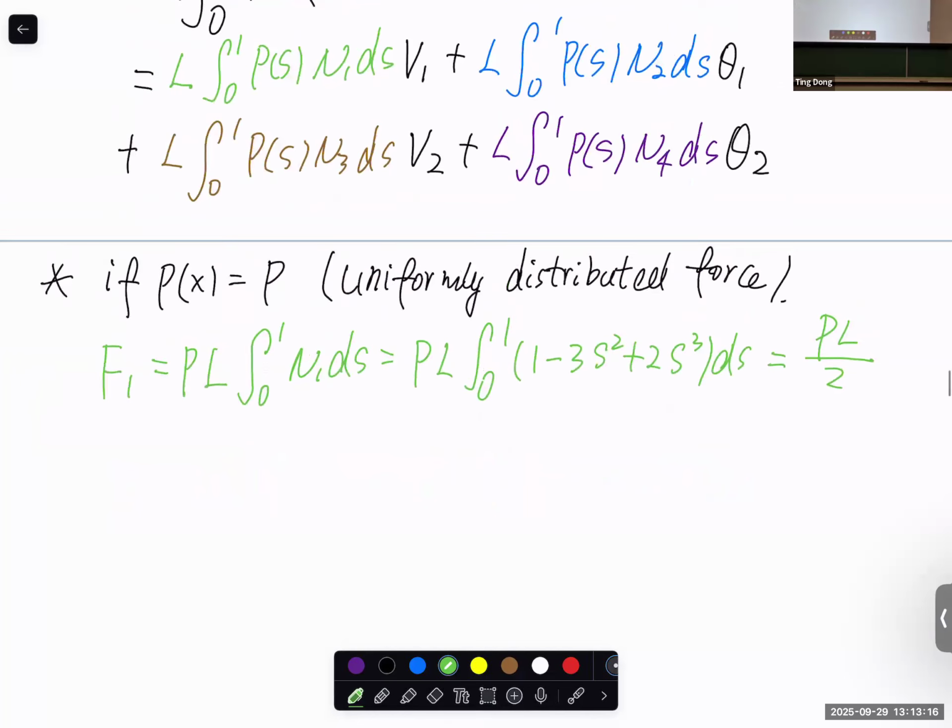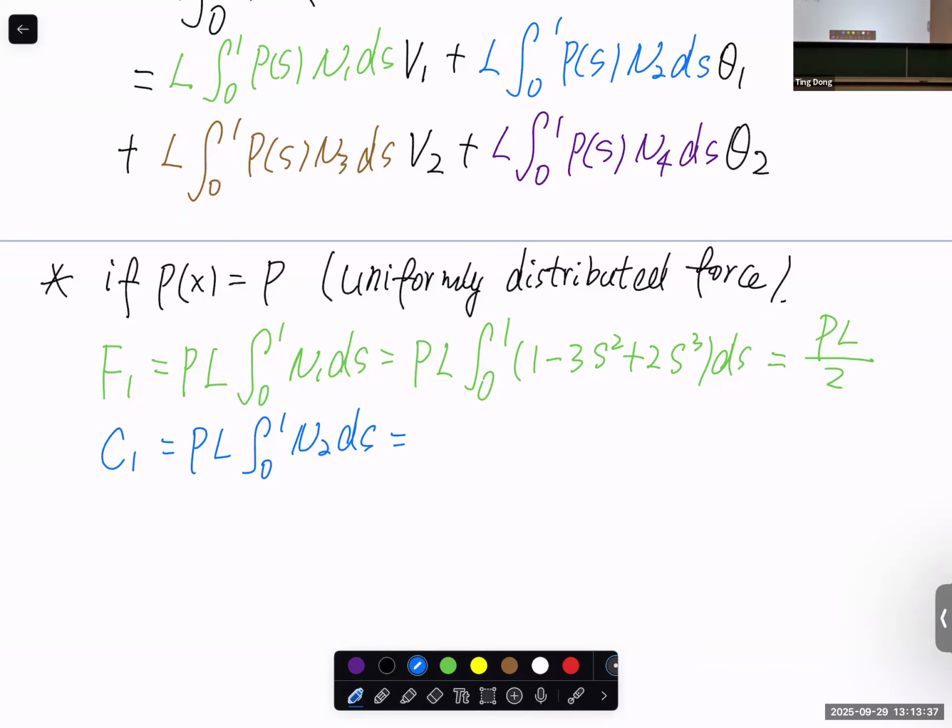So the second component becomes C1. Similarly, P is a constant term, take it out of the integral. And the second term becomes the integration from 0 to 1 of N2 ds.